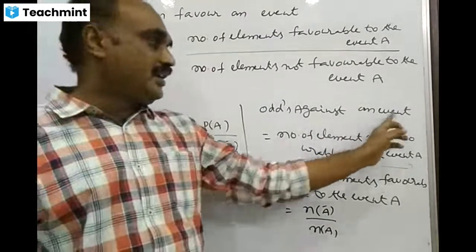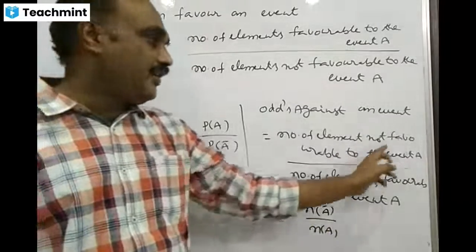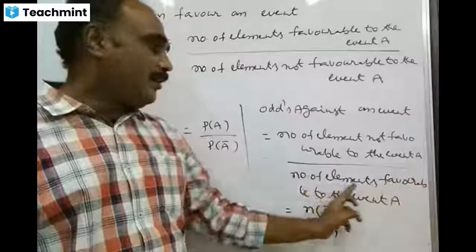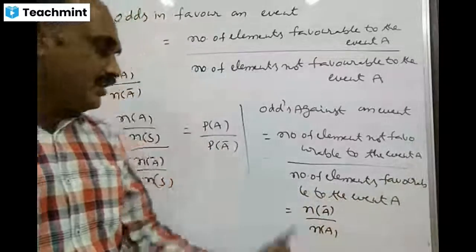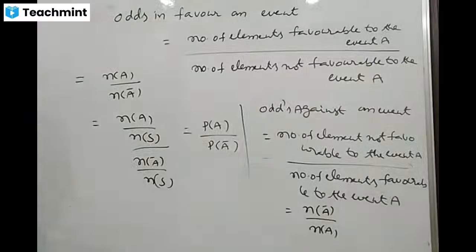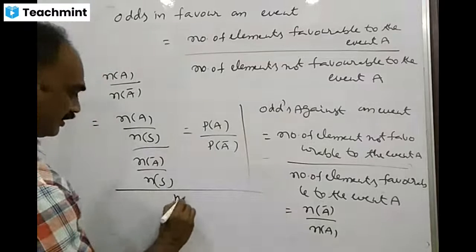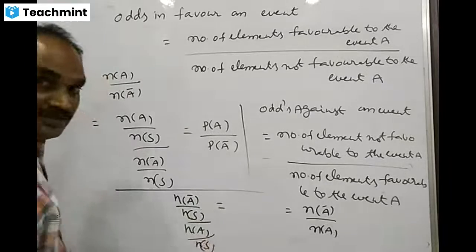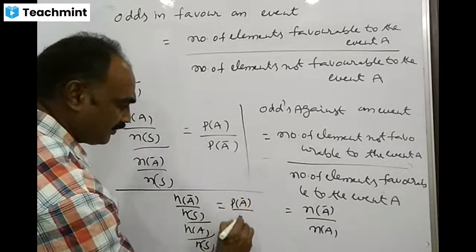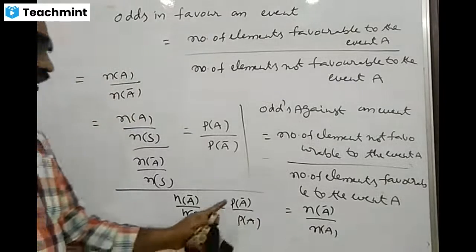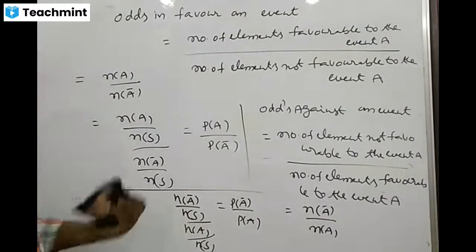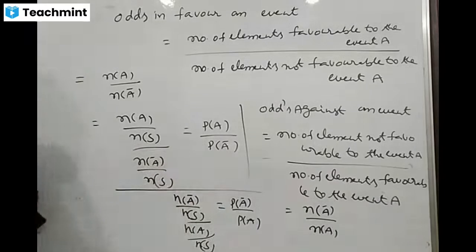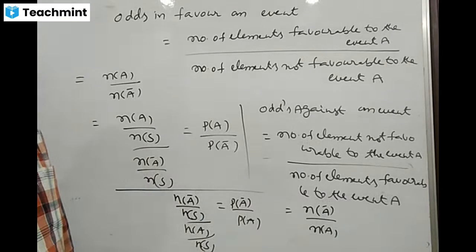Next, odds against an event is number of elements not favorable to the event A by number of elements favorable to the event A, that is N of A bar by N of A. Dividing by N of S, that is equal to P of A bar by P of A. Friends, odds against an event is P of A bar by P of A. Odds in favor of an event is P of A by P of A bar. Okay, friends, this is the theory of probability.